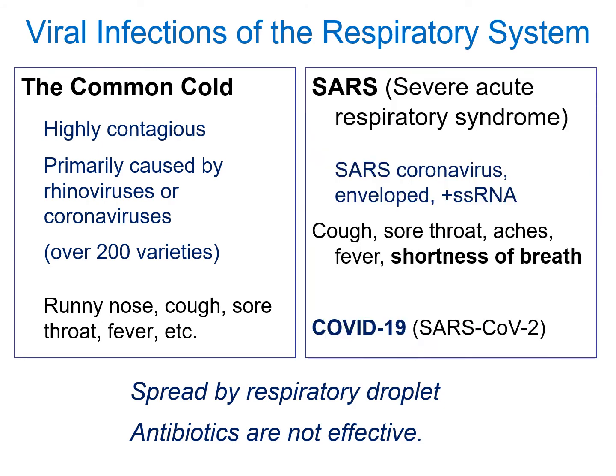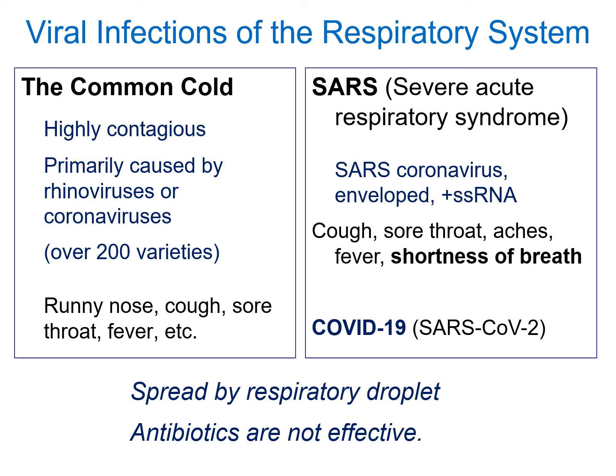Now, there are some more severe members of these groups. SARS, I talked about before. The best known outbreak of SARS was in 2003, and there were about 8,000 people that were affected, and I want to say 770 or so that died as a result.